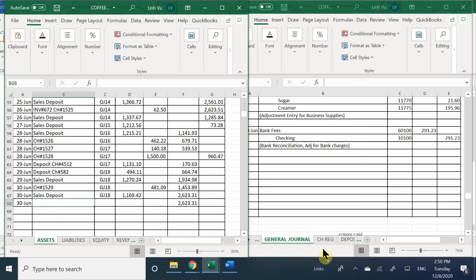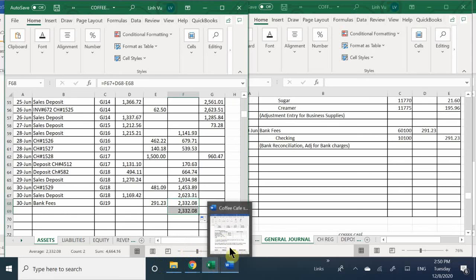Bank fees, yes, bank fees, $291.23. That drops our bank account to now $2,332.08. Okay, so good.